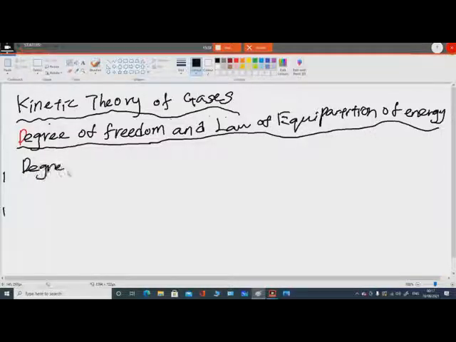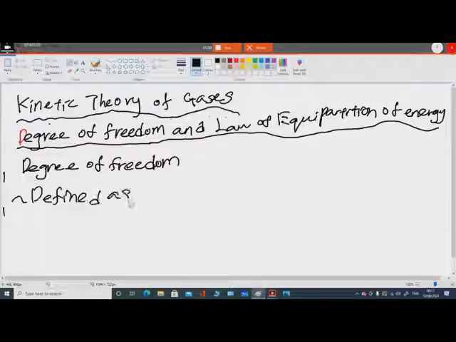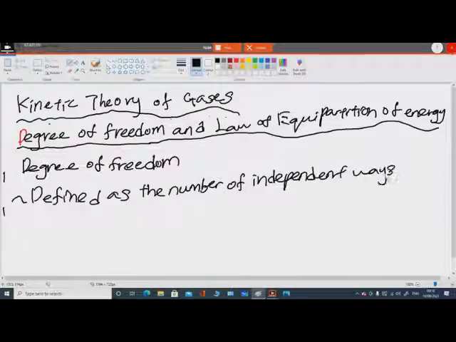So what is actually meant by degree of freedom? Degree of freedom is defined as the number of independent ways of the gas molecules to acquire kinetic energy.